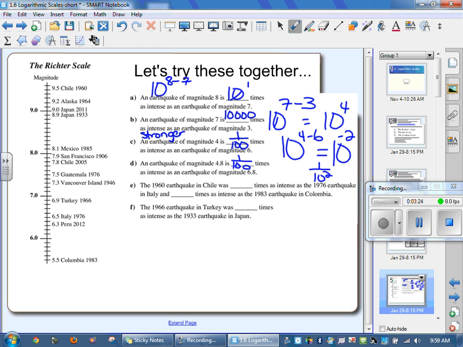Letter E, it says, the 1960 earthquake in Chile was blank times as intense as the 1976 earthquake in Italy, and blank times as intense as the 1983 earthquake in Colombia. So first of all, we have to locate all those on our Richter scale here. So we're talking about the Chilean earthquake in 1960. We've got to find that one here, and that's 9.5.